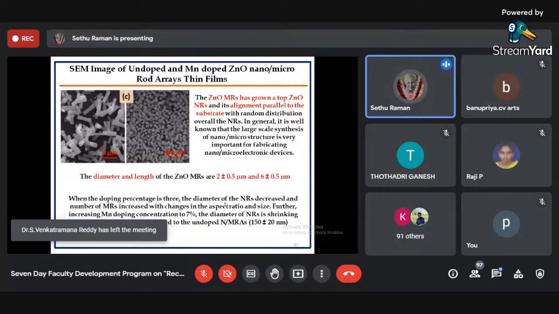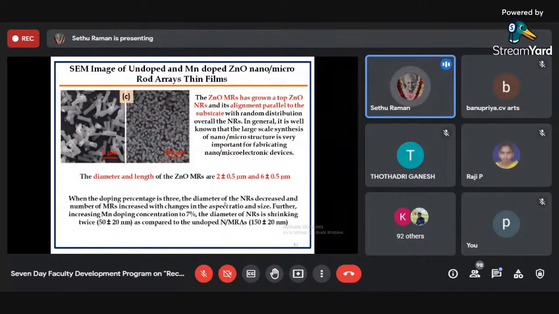But once you add the dopant, when the doping percentage is increased, when the doping percentage is 3, the diameter of the nanorods decreases and the number of microrods increases, with changes in the aspect ratio and size, as we have seen in the SEM images. Further increasing the doping concentration to 7, the diameter of the nanorod shrinks to half compared to the undoped nano-microrod arrays.